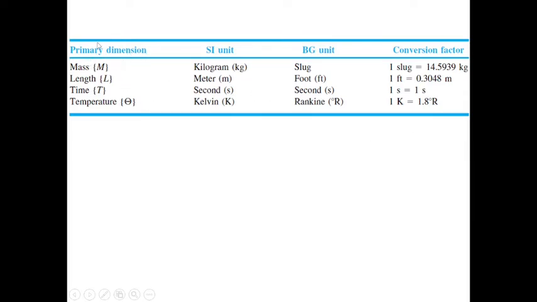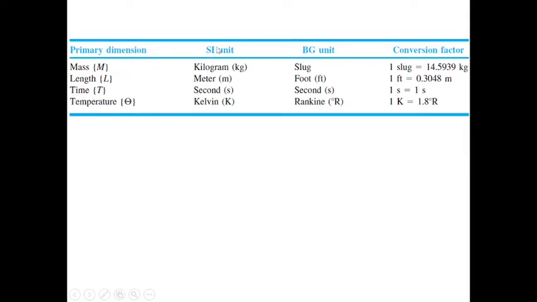We have this table. Mass is a primary dimension denoted by M. Length is a primary dimension denoted by L. Time is a primary dimension denoted by T. Temperature is a primary dimension denoted by the Greek capital letter theta, no? Greek capital letter or uppercase theta.